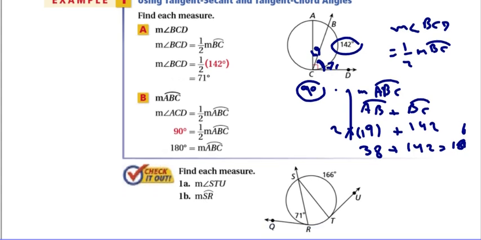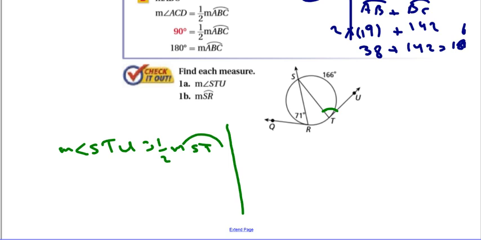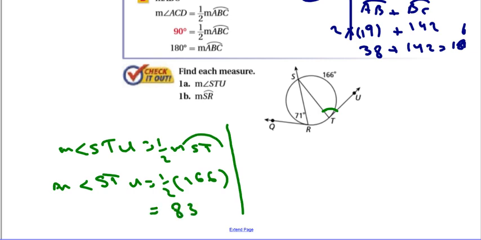Now check it out. Find each measure. Measure of angle STU. This angle is opposite 166, so the measure of angle STU equals half the measure of arc ST. So the measure of angle STU equals half of 166, which equals 83 degrees.